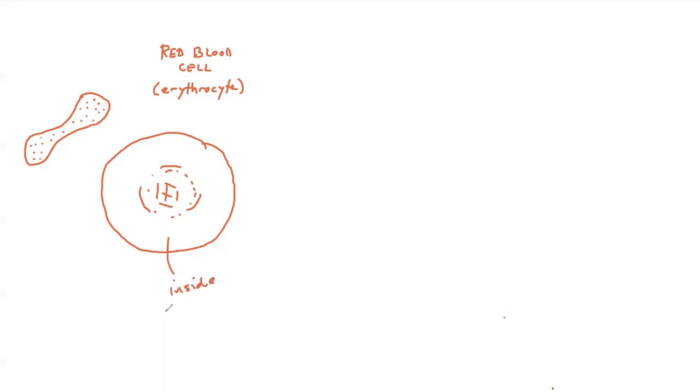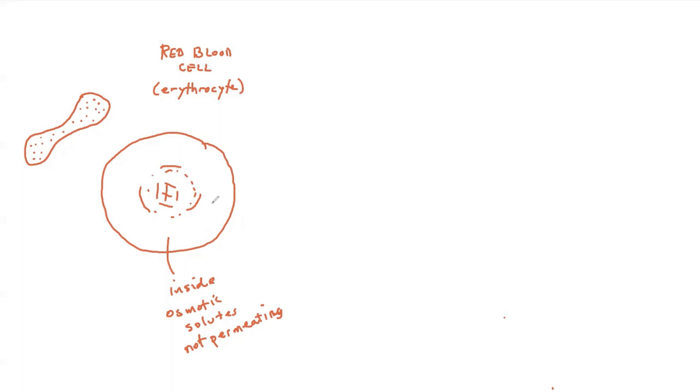you've got lots of osmotic solutes, meaning that they're not permeating, which means that they're not able to diffuse across the plasma membrane of the erythrocyte, so they have to stay put.